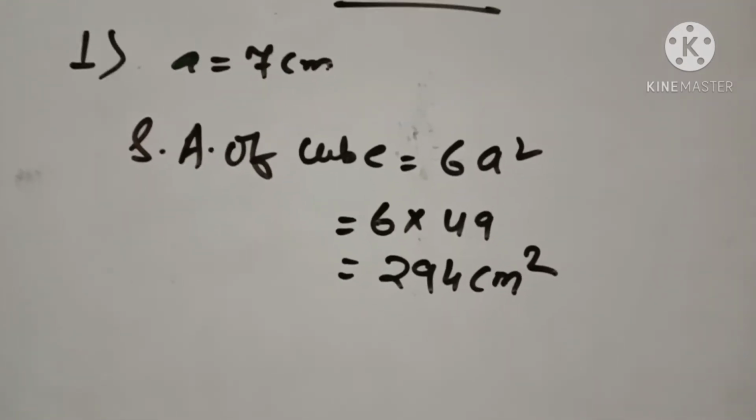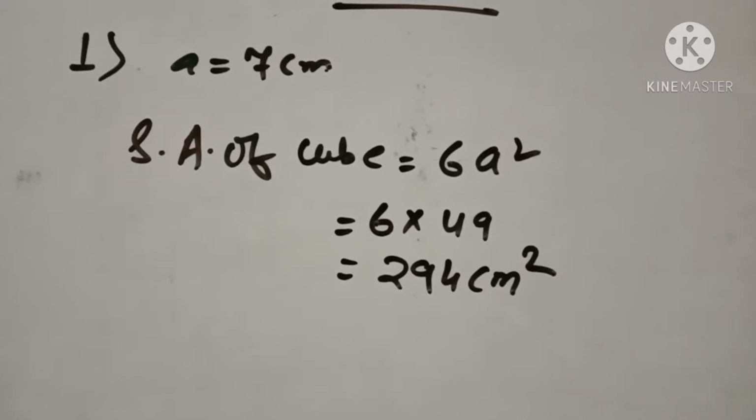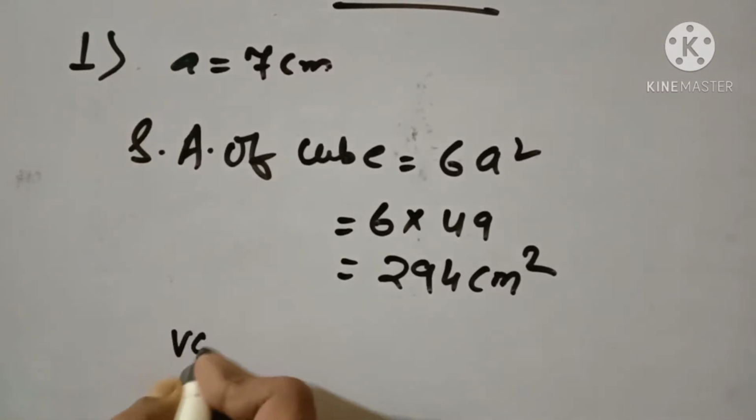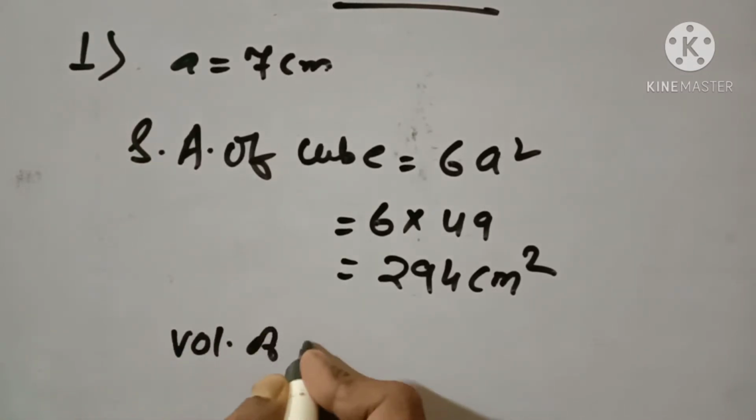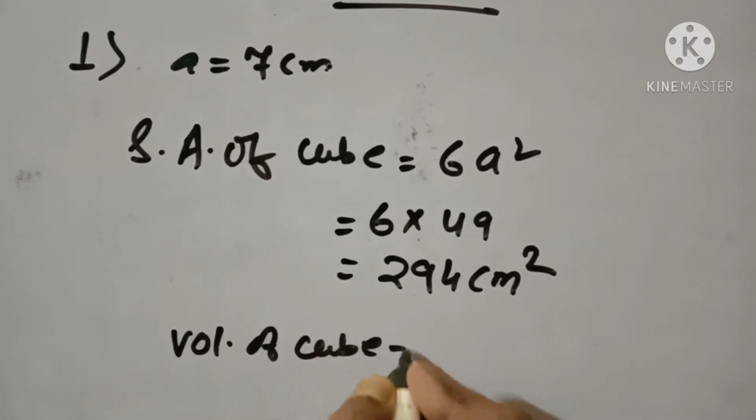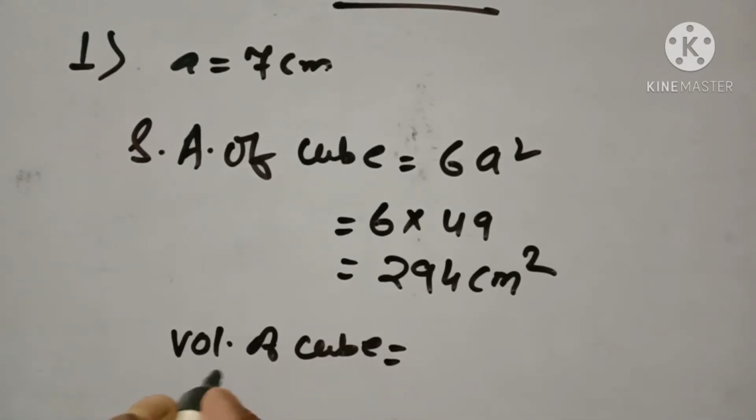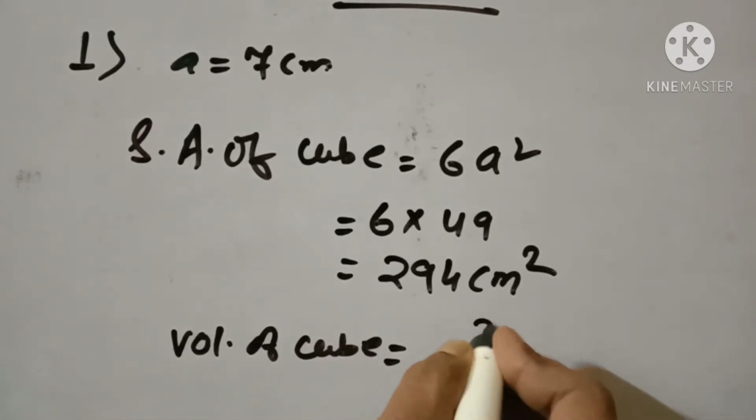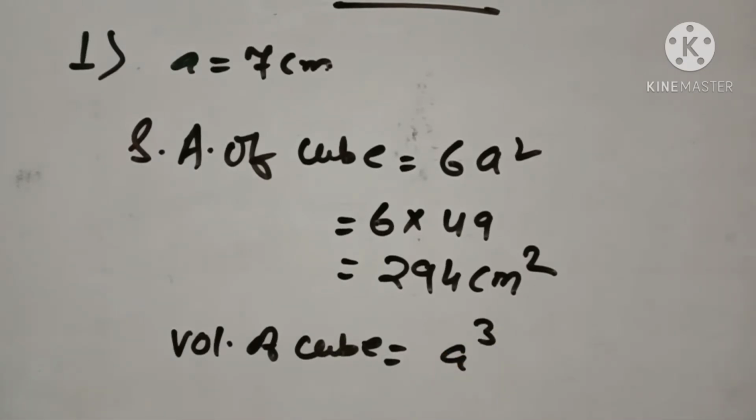Okay, now after that we have to find out the volume. As we know, the volume of a cube is equal to a cube, means a times a times a.